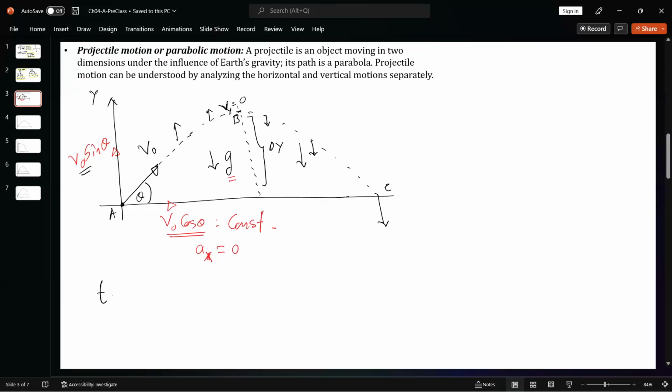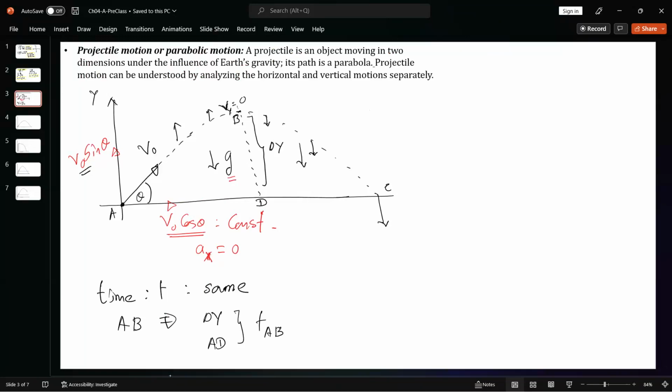Time is the same for both directions because both motions happen at the same time. If you consider the A to B motion, during that motion, the object goes up by about delta y, and the object goes horizontally about this A to D distance, right? So it goes upward by delta y, and it goes horizontally A to D. These two happen during the same time period, the time of AB.